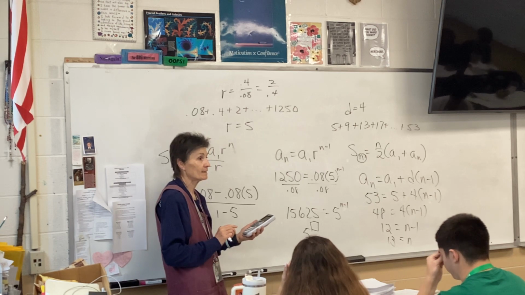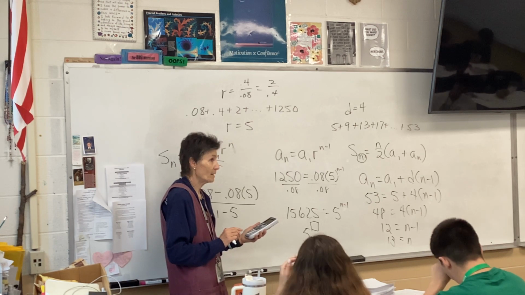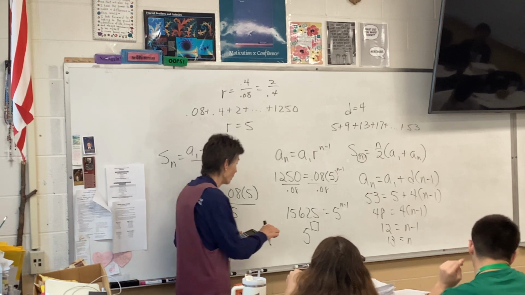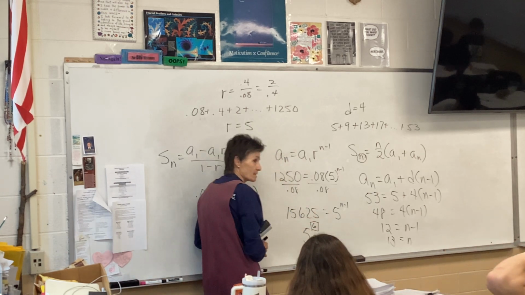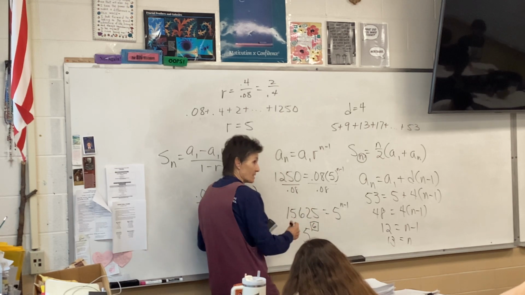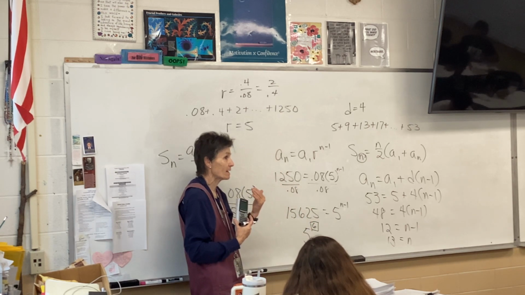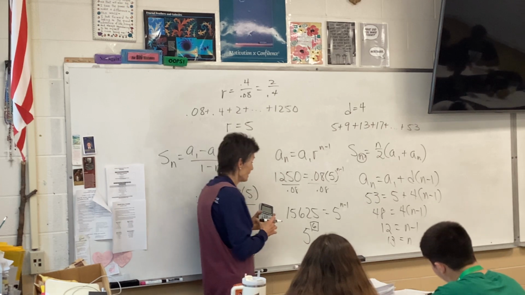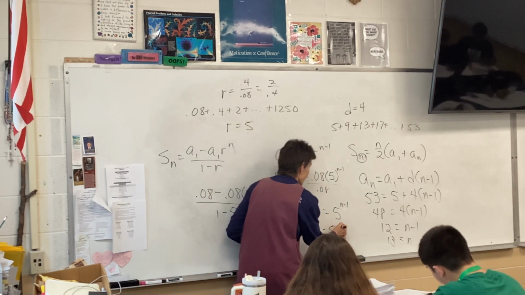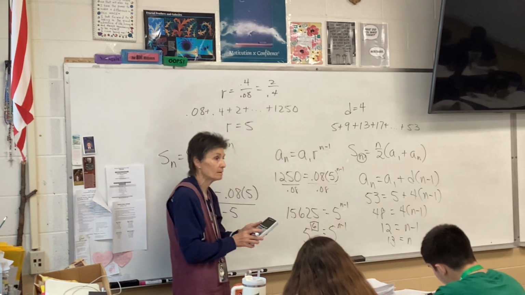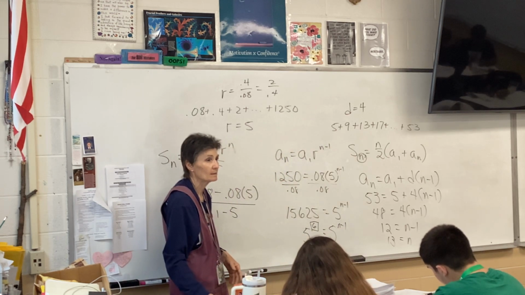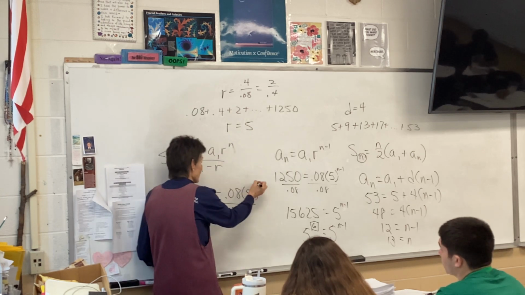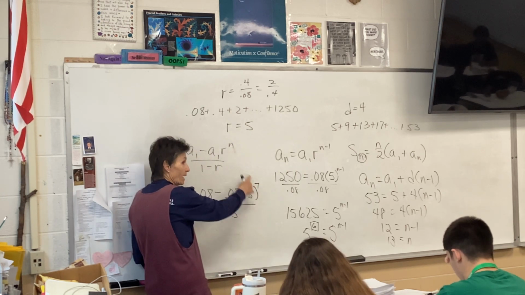Oh, 5 to the 8th is too big. Six. So 5 to the 6th is what I want. I did that just by trial and error on my calculator. So if 5 to the 6th is the same as 5 to the n minus 1, what does n have to be? 7. So now I can come back over here and plug 7 into my formula.